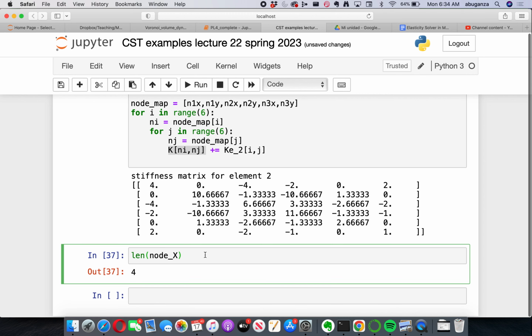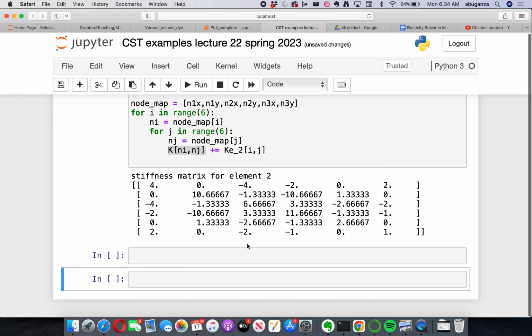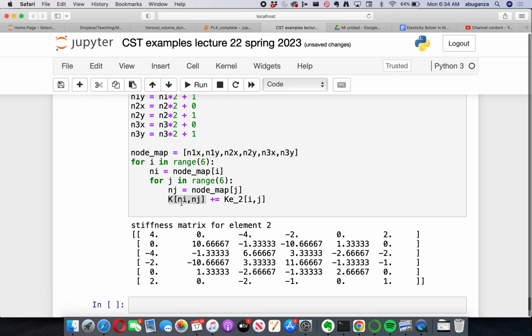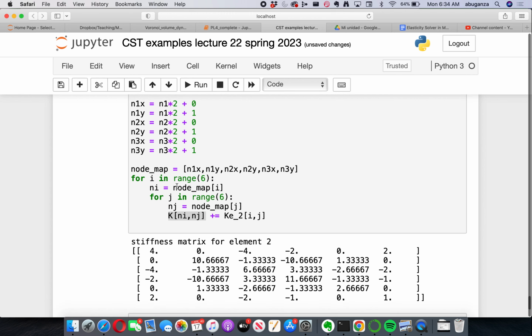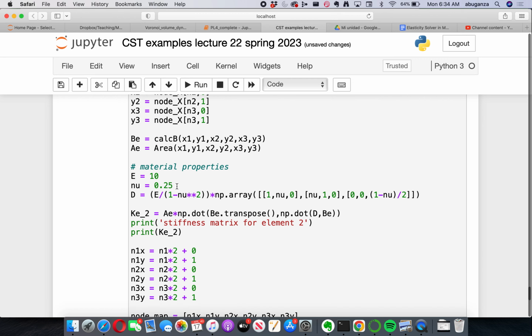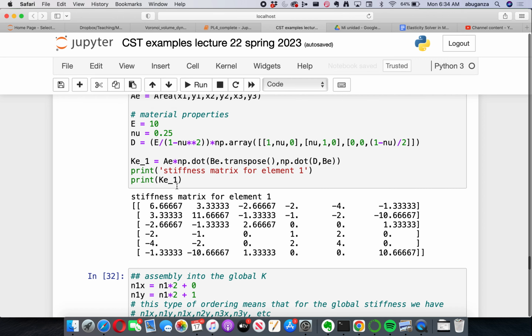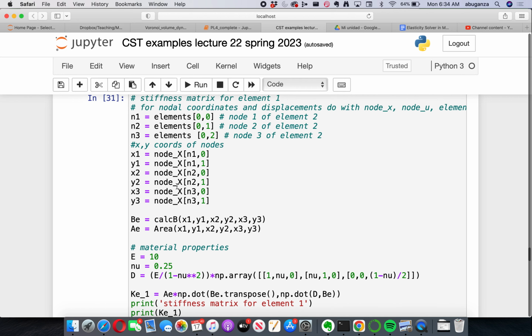So it should be 8 by 8. So I must be doing something wrong, because it should just be 8 by 8.